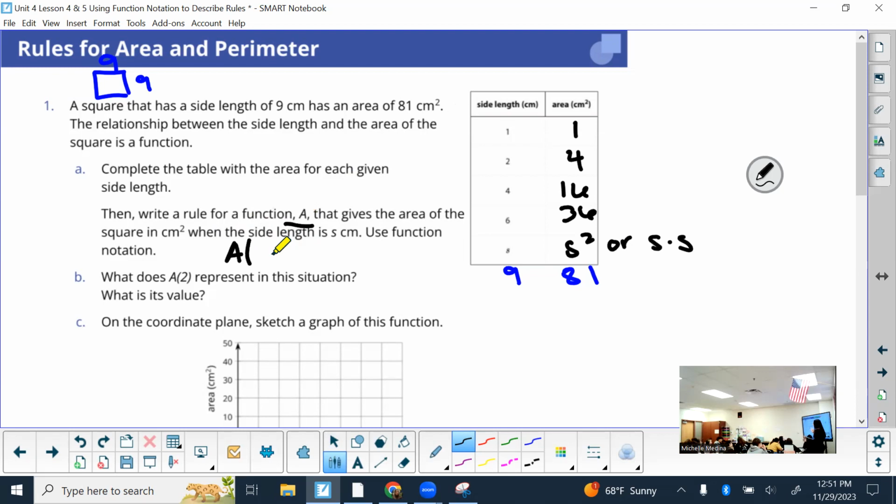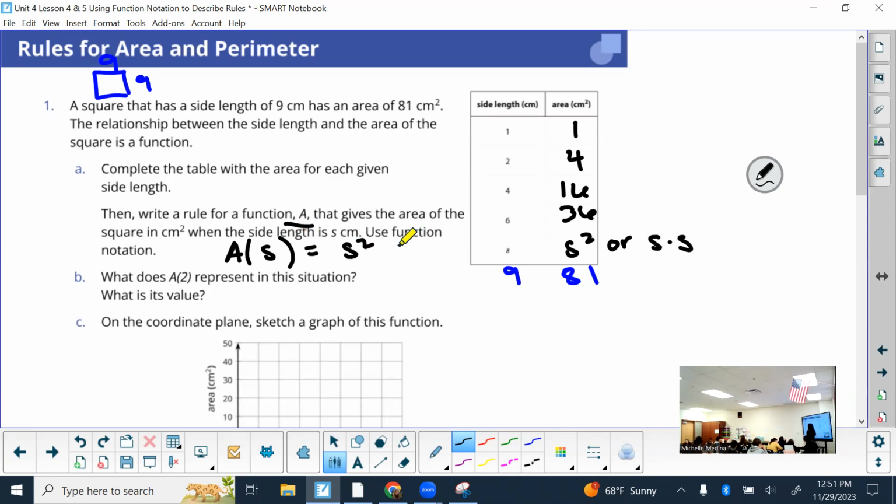What's my input? Using variables, s. And then what do we have to do to the s to get the output? My output is going to be s squared.